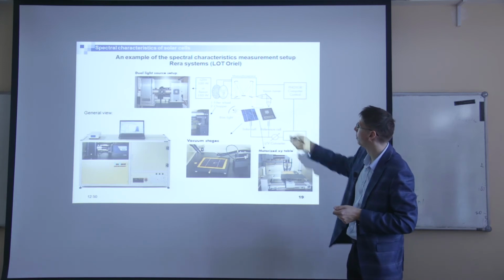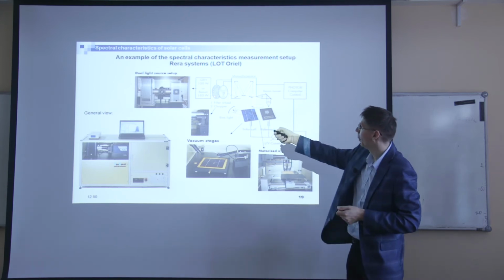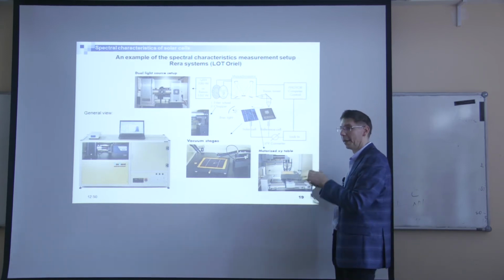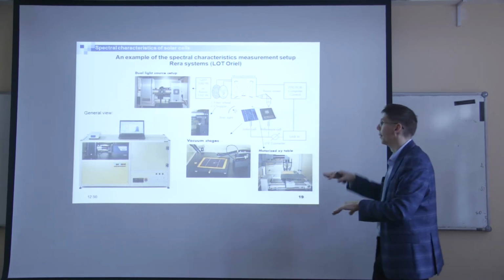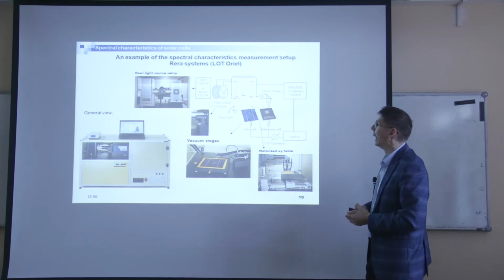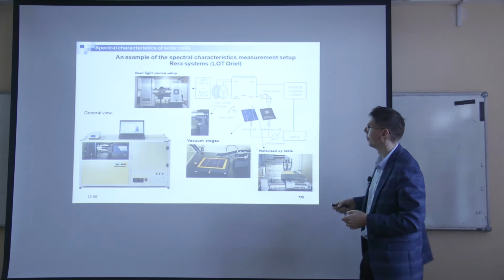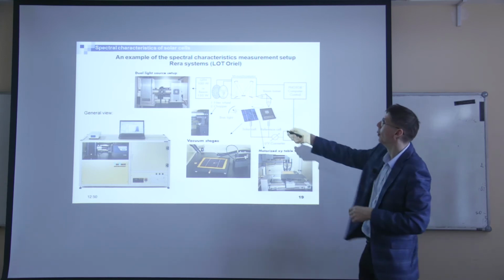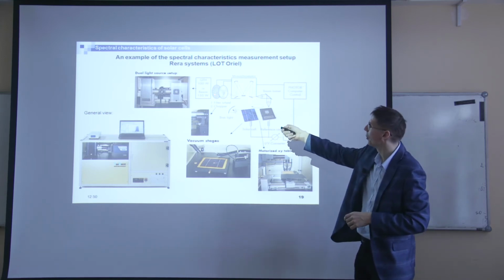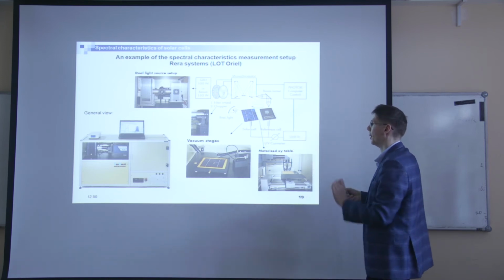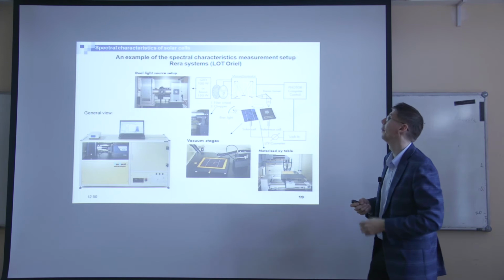Then you have here a filter wheel for the monochromator, again to avoid second harmonics. And this is the chopper, a rotating wheel. It's also rotating, but you choose some filter for several ranges of the wavelength.